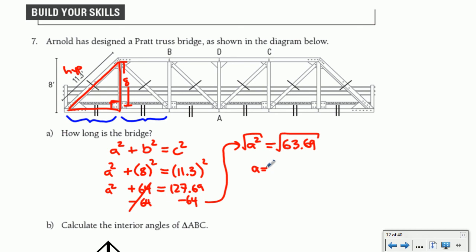So the square root of 63.69 is 7.98 feet. Okay, are we done? Not quite. We have now this length, 7.98 feet, and we need to multiply it by 6. So multiply by 6, and we get 47.88360889.